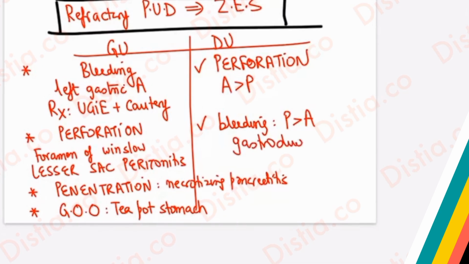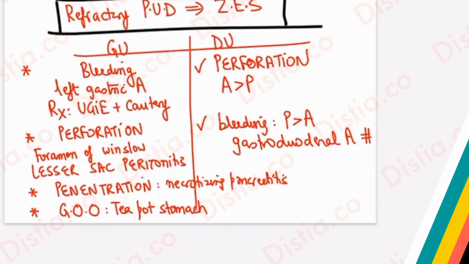The source of bleeding is always to be remembered for every bleeding occurring from anywhere in the body. And if it's a life-threatening bleed, fluid resuscitation has to be done, and then an upper GI endoscopy with a cauterization of the base of the ulcer.